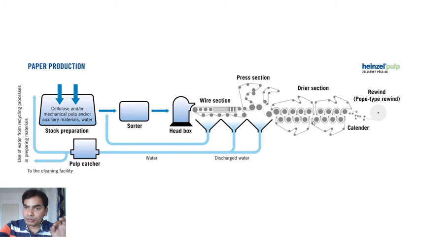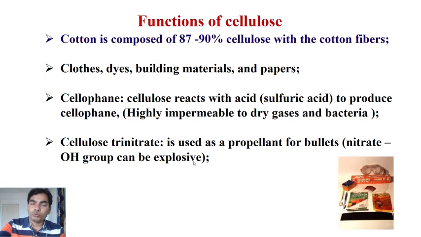After pressing by so many rollers, finally it becomes a very thin paper, and it is rolled or rewound in a proper way for the further use of this paper.